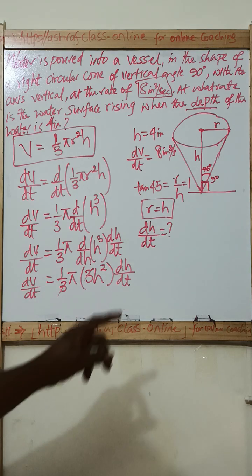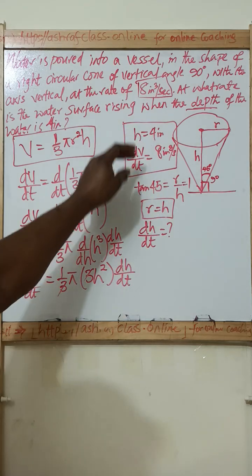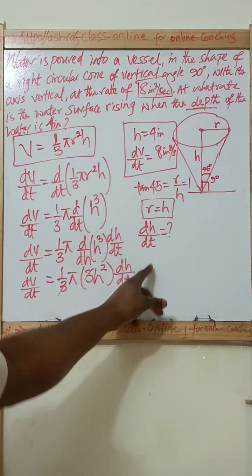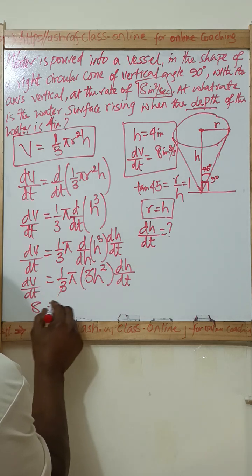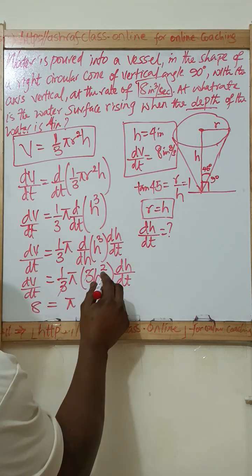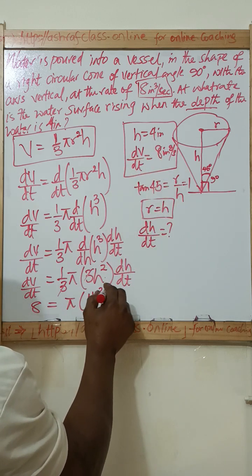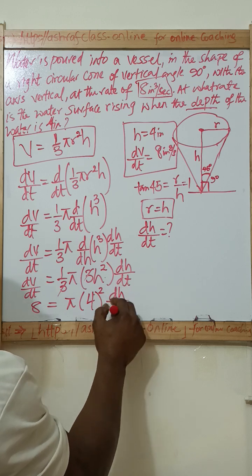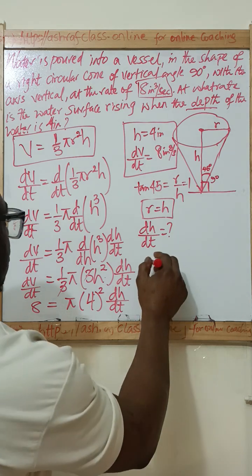And we are given these two values. We can put them here to find dh/dt. So dV/dt is 8, and this is pi h squared, that is, 4 squared, times dh/dt. So what is dh/dt from here?